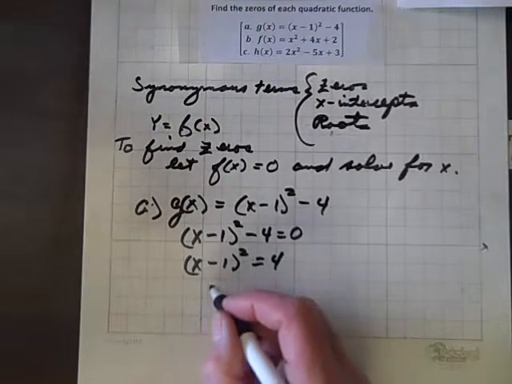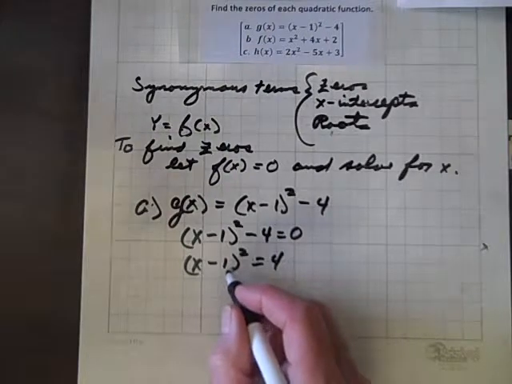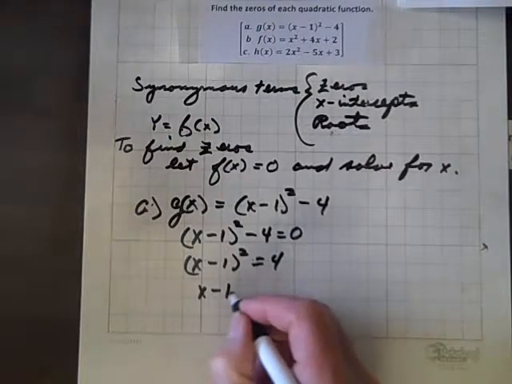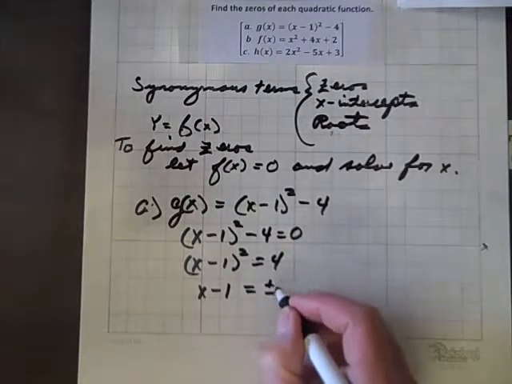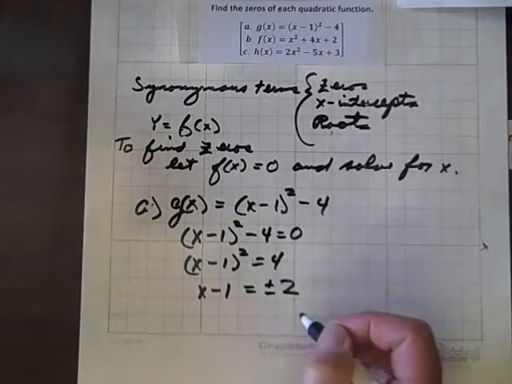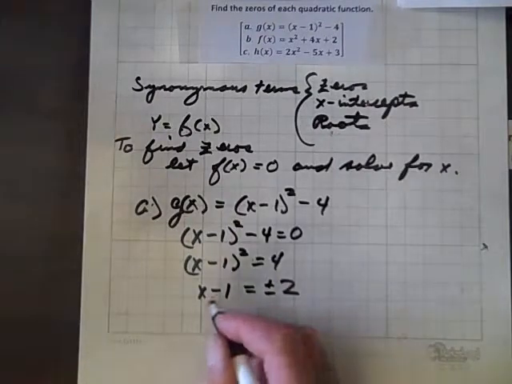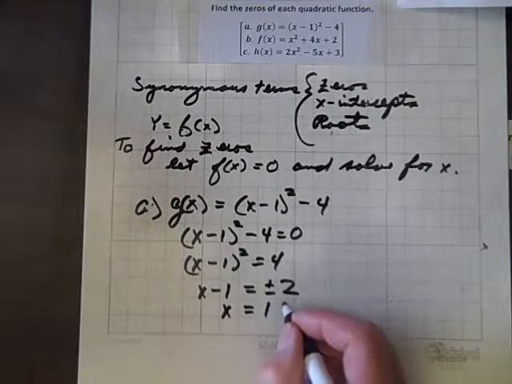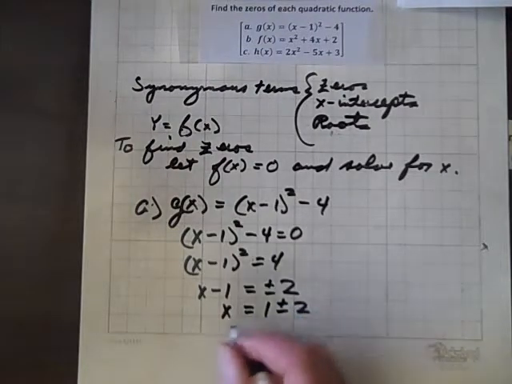Now, we're not going to square this out. We'll use the square root property, which tells us that x minus 1 equals plus or minus the square root of 4, which is 2. Now, adding 1 to both sides, we have x equals 1 plus or minus 2.